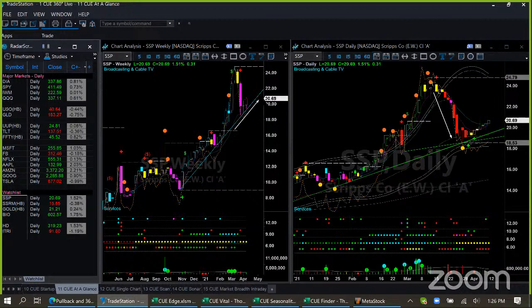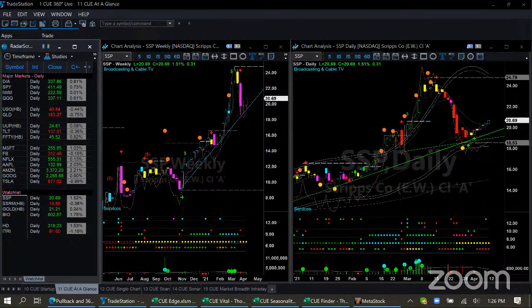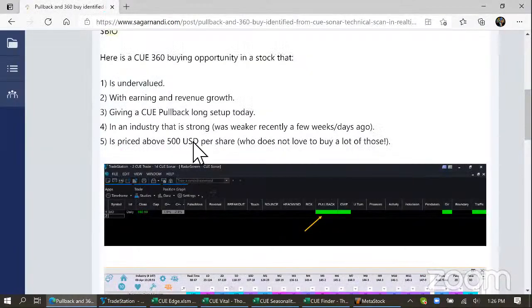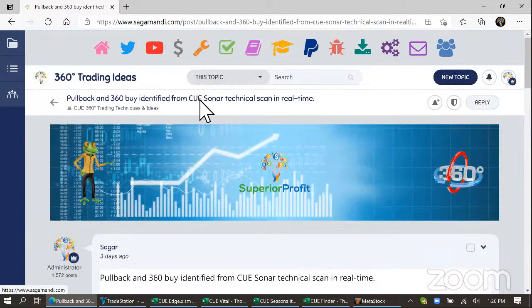Came right to the weekly trend line support and this long-term daily trend line support. I think I shared it right on this day when the bull release came, or one of these days. Let's find that out. I might have shared it on the forum. Let's check that out first.